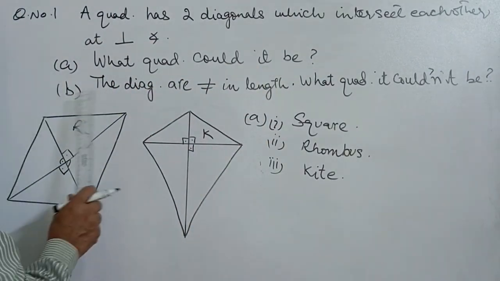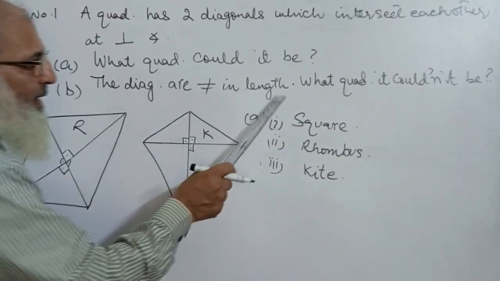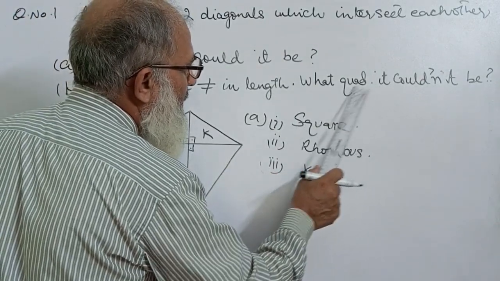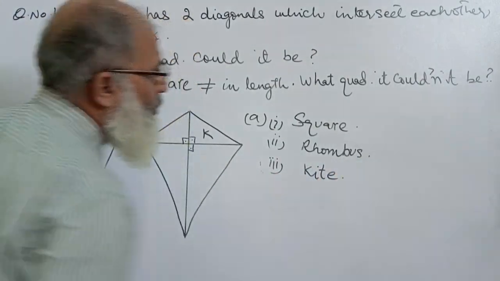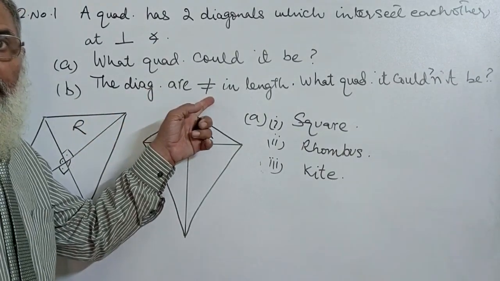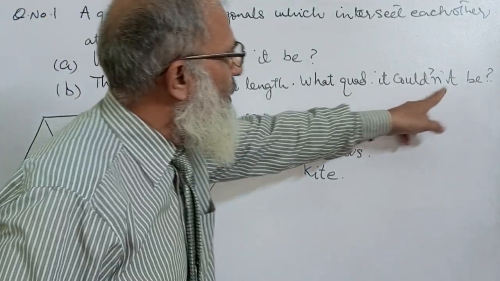Now for the B, the diagonals are not equal in length. What quadrilateral couldn't it be?